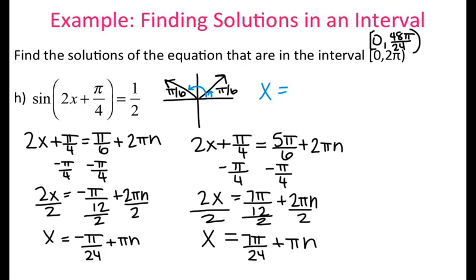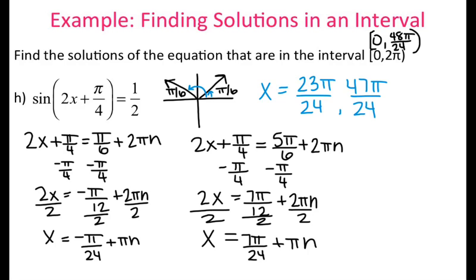So here's our first solution for x. That gives me 23 pi over 24. And I'm just going to keep adding 1, since you're adding pi, until I can no longer be in the interval up to 48 pi over 24. So if I add 1 again, my next one is 47 pi over 24.